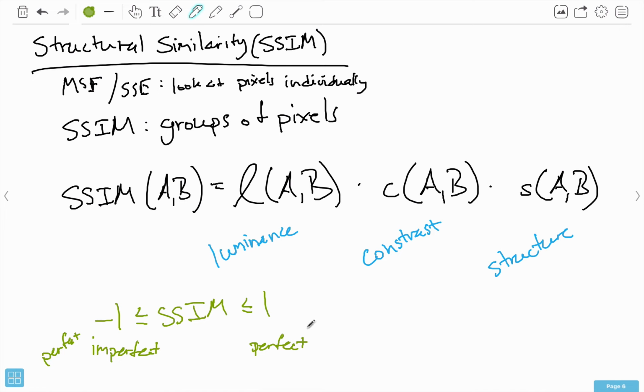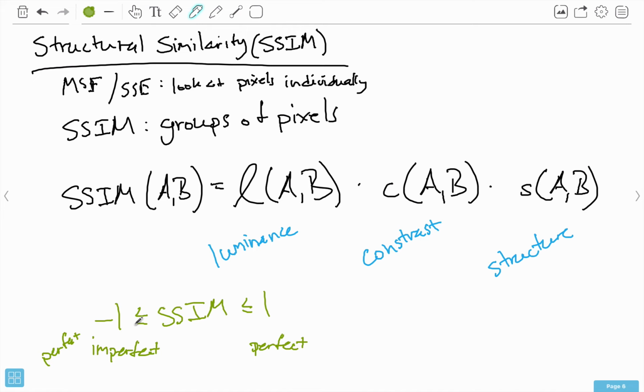Another important thing that I want to mention is that structural similarity also has a defined range. It goes between -1 and 1. That's it. Mean squared error starts at 0 because it's an error metric, but beyond that point, we don't know what the upper bound necessarily is, barring any sort of limits that we place on the pixel values.